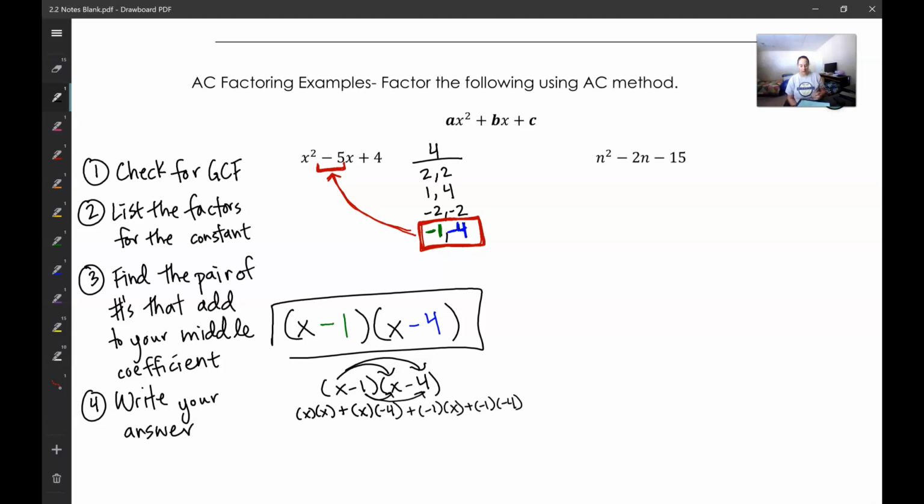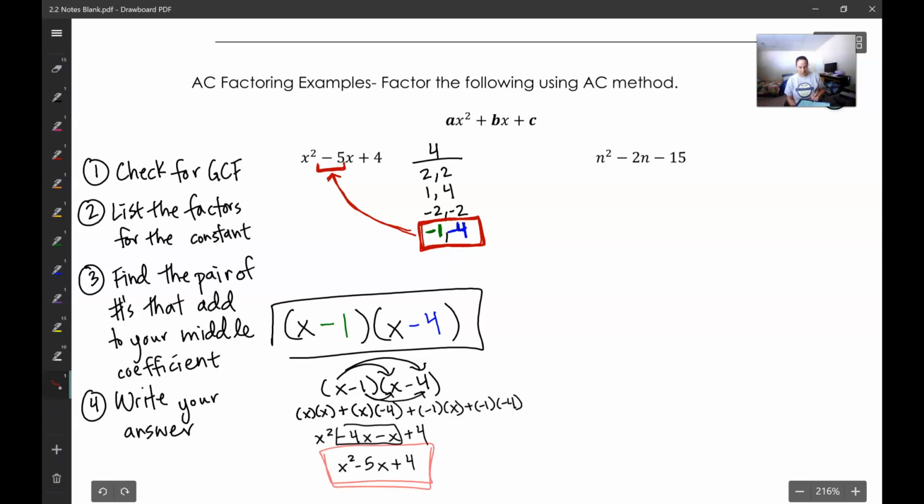So I distributed that all out. Multiply it together, I get x squared minus 4x minus 1x, or just x, I don't need to write the 1 in front, plus 4. Combine my like terms right there, and I get x squared minus 5x plus 4. And ta-da! When I multiply those together, I get what I started with. So that's a check step for you. You can always multiply your answer and see if you get what you started with, and then you're good.